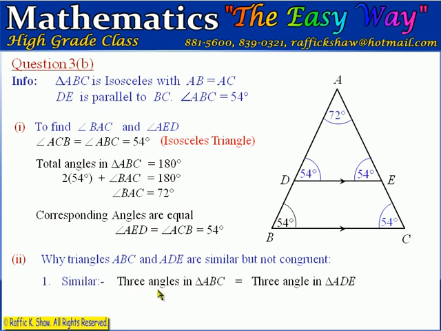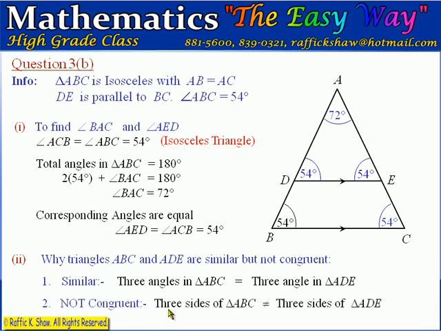They are similar because the three angles in triangle ABC are equal to the three angles in triangle ADE, but they are not congruent because the three sides of triangle ABC are not equal to the three sides of triangle ADE. Let me repeat.